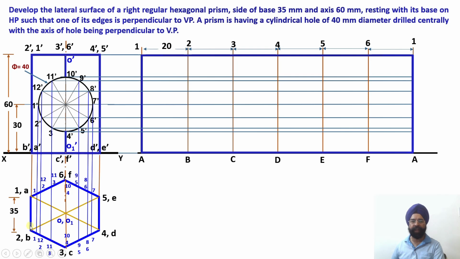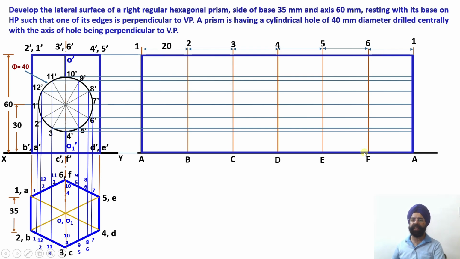Let us mark the points corresponding to the circular cross section within this range and this range. My center points are C and F. My center lines, the vertical edges lying at the axis of the hole, are 3C and 6F.